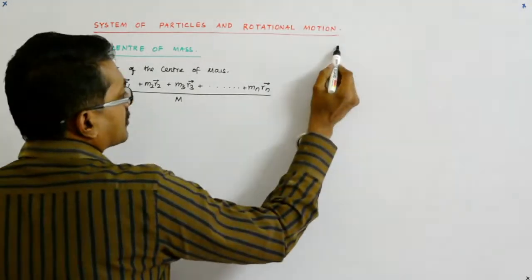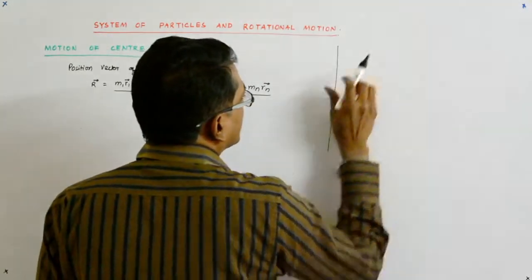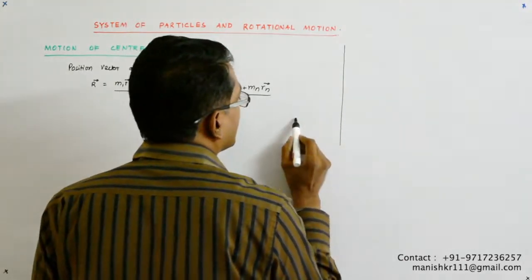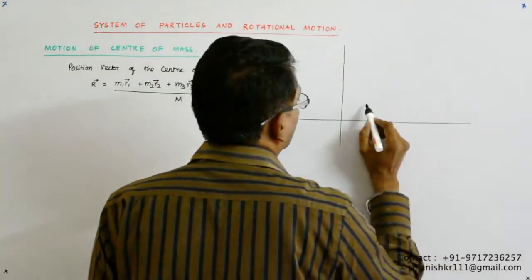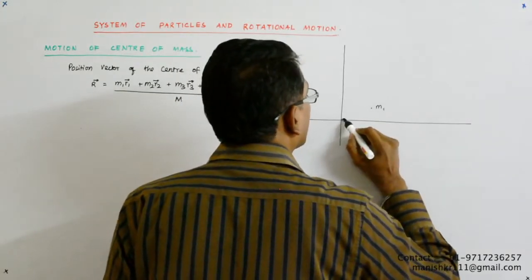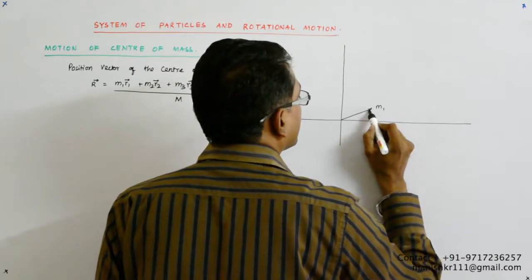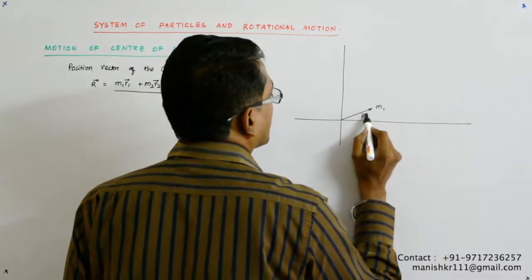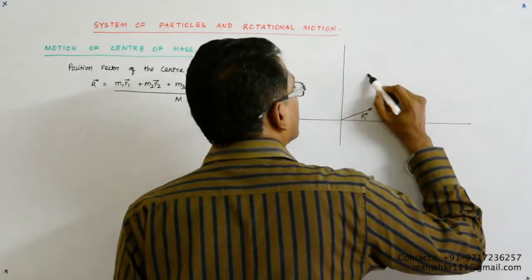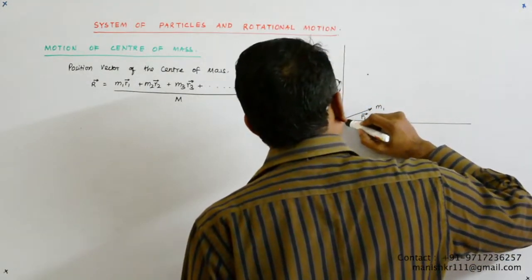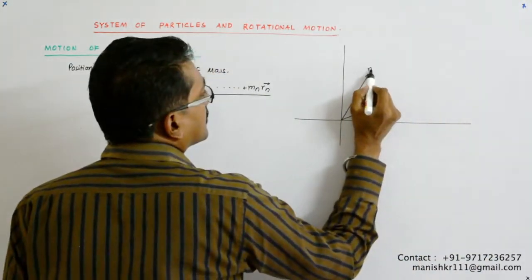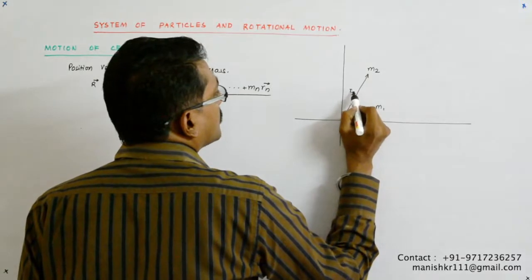So it was sort of this. If there is a mass m1, then I am calling this position vector r1. And if there is a mass m2 out here, then I have r2, like that.